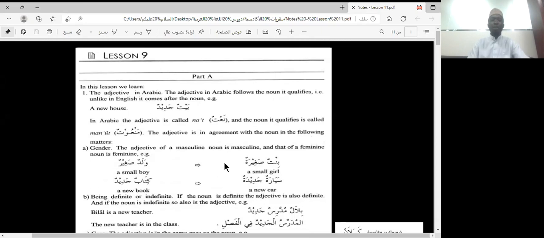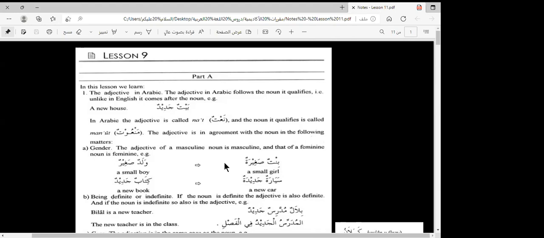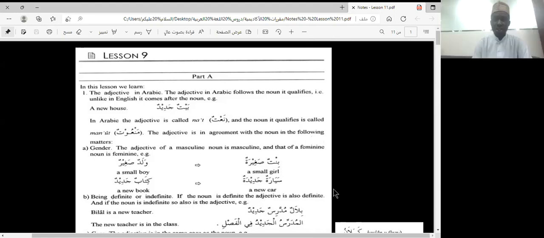In the first part, we are learning what we call na'at wal man'ut. Na'at and man'ut. Na'at in Arabic language is adjective. So we have man'ut.